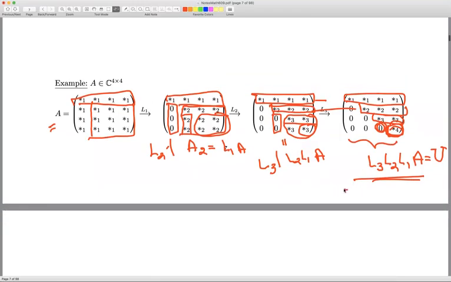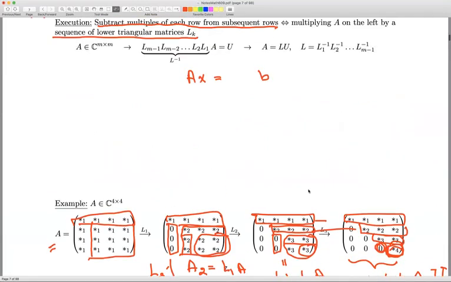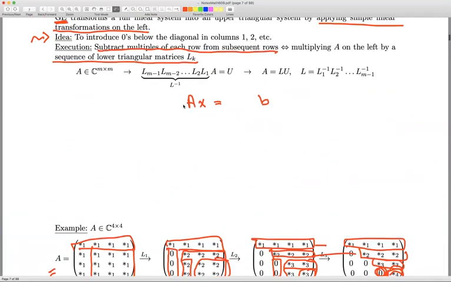This is in the case of a 4 by 4 matrix, and in general, for an M by M matrix, we will end up multiplying the matrix A on the left by a sequence of lower triangular matrices.